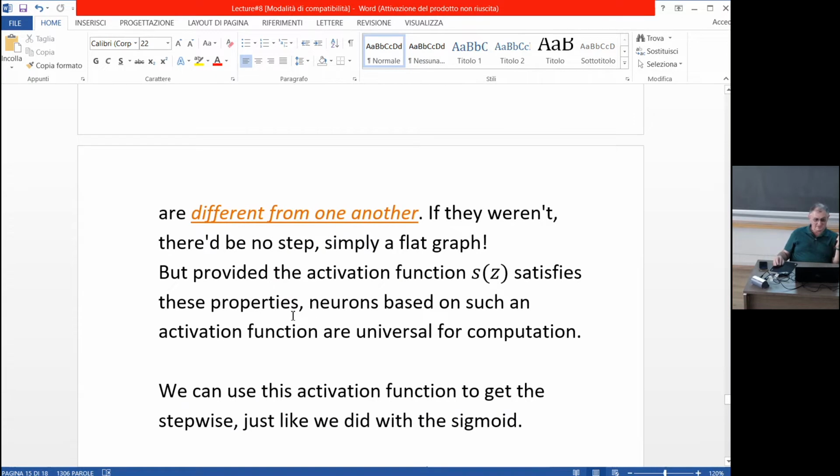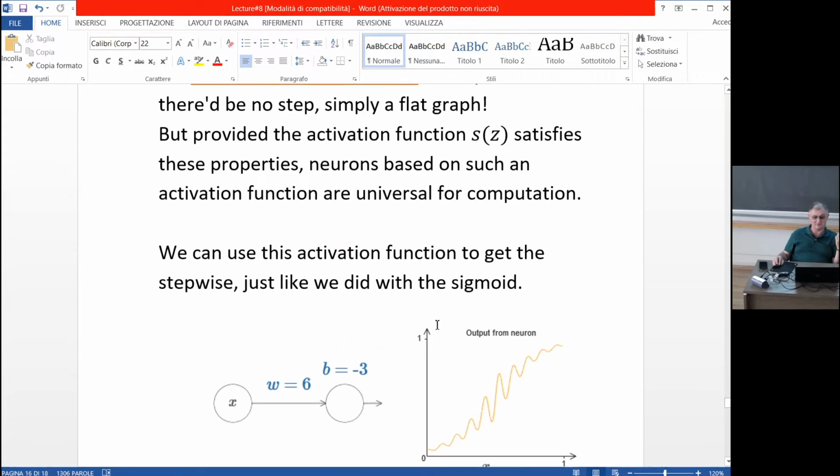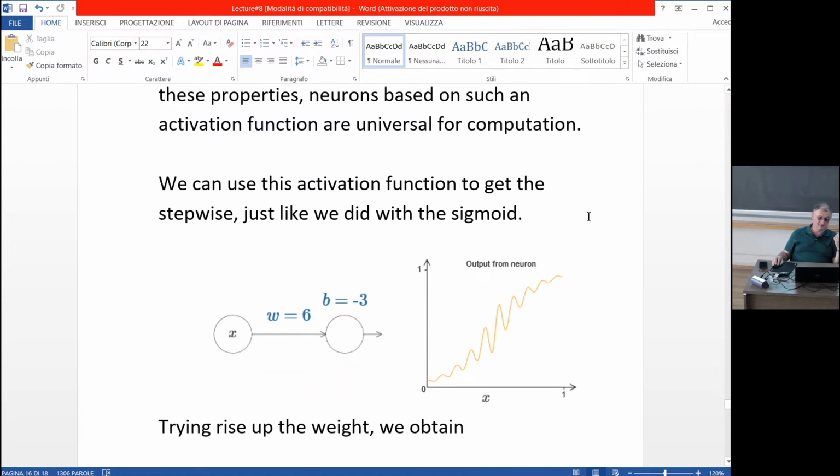But having these properties, neurons based on such an activation function are universal for computation. So we can prescribe not sigma, but S, our new activation function.